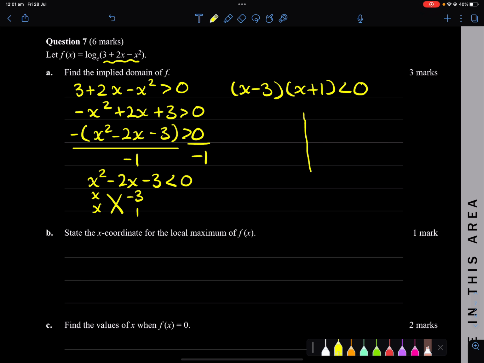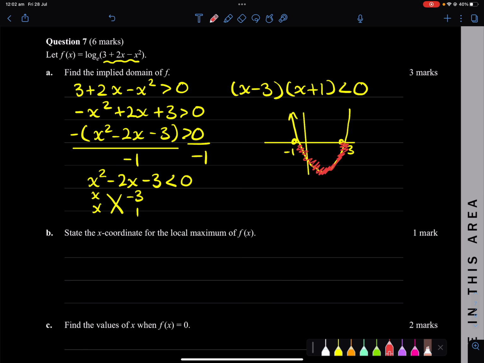So if I'm going to just draw a nice sketch over here. Yep, so let's say this is negative 1 and this is 3 and it is nice and positive. All right, something like that. So that's negative 1, this is 3. And we want to find out where it's less than 0. So over here, this is where it's less than 0.